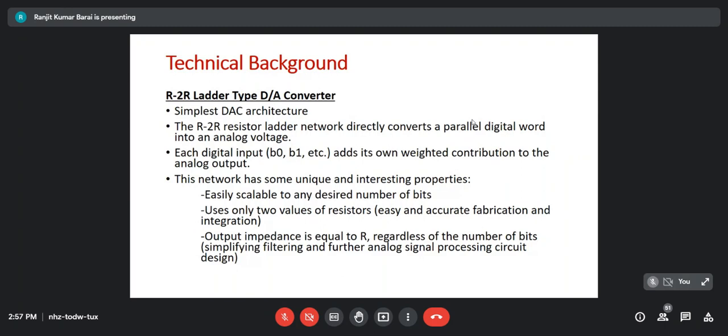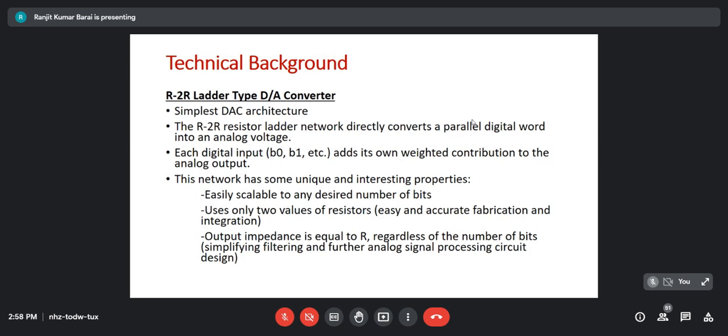This network has some unique and interesting properties, like being easily scalable to any desired number of bits. So here it is 4-bit. You can just go on adding bits. It uses only 2 values of resistors, so it's very easy and accurate. Your fabrication will be easy as well as accurate, because getting two equal values, R and 2R, in large quantity will be easy.